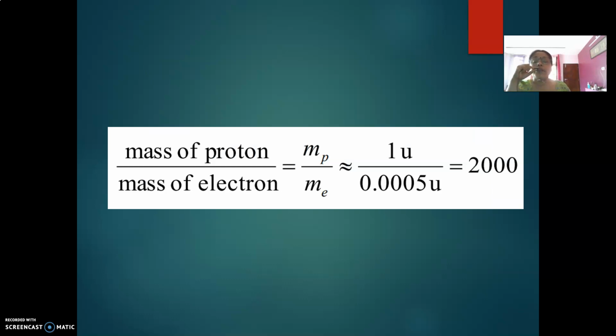It will be found that it is 2000 times, and I told you that earlier also. Compared to an electron, a proton is 2000 times heavier. So electrons are actually neglected while calculating the total mass of the system, and it is the nucleus which ultimately determines the whole mass.